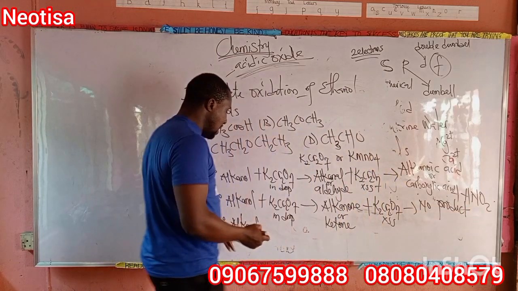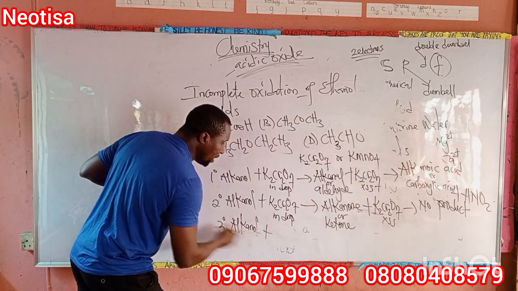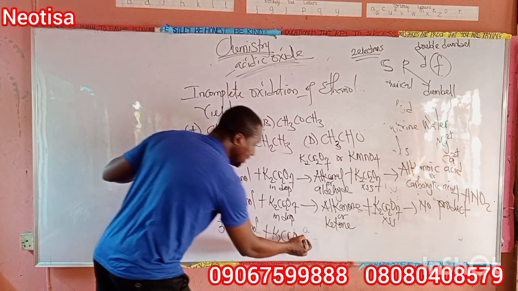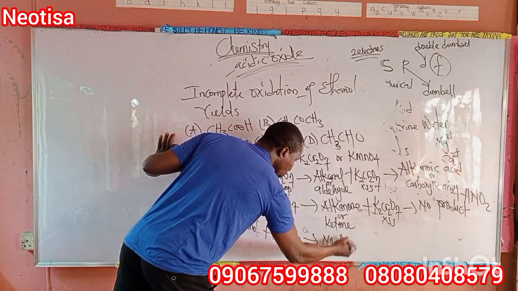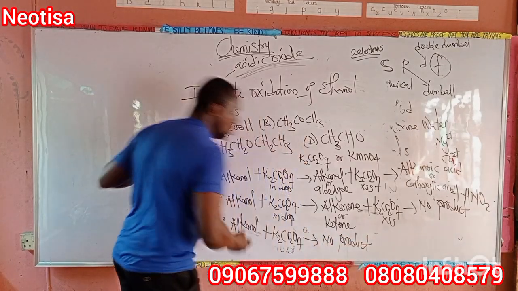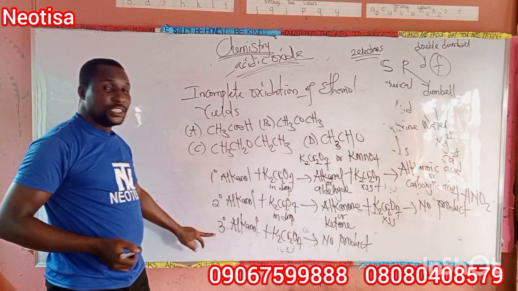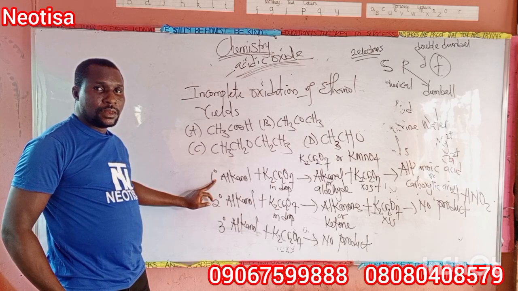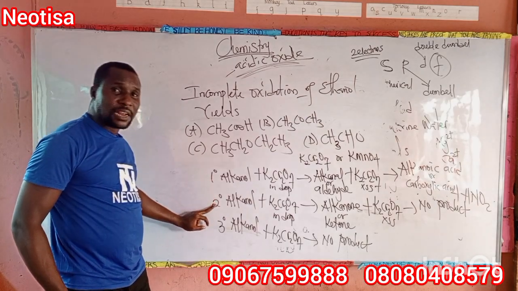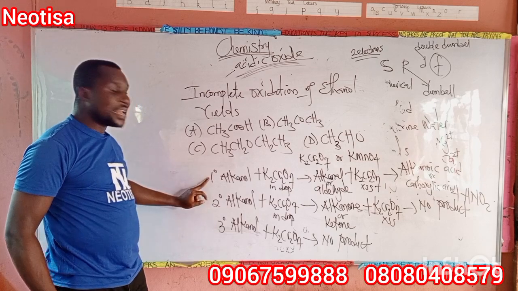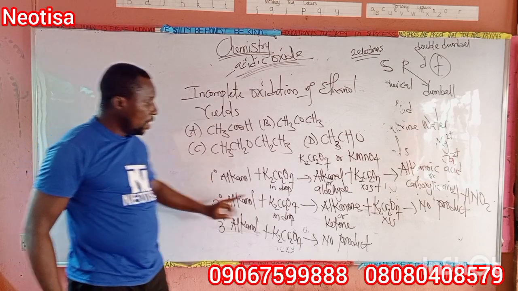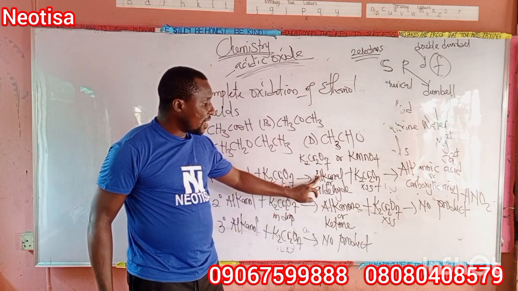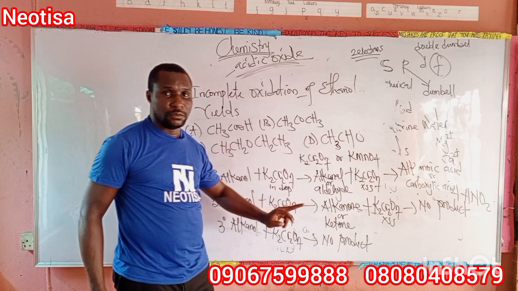Oxidizing a tertiary alkanol with K2Cr2O7, either in drops or in excess, gives no product. Meaning that among the three, primary alkanol is the most reactive. Alkanal is more reactive than alkanol. Take note of that.